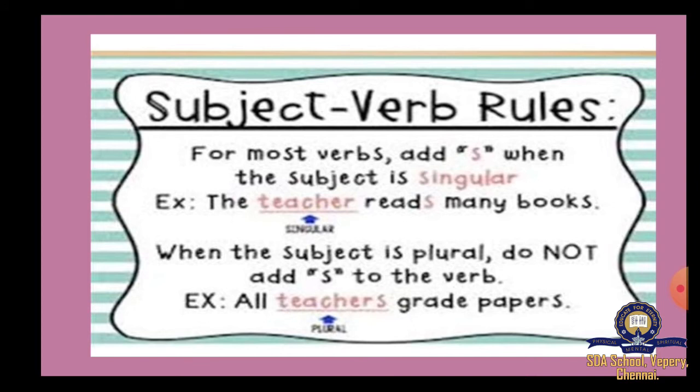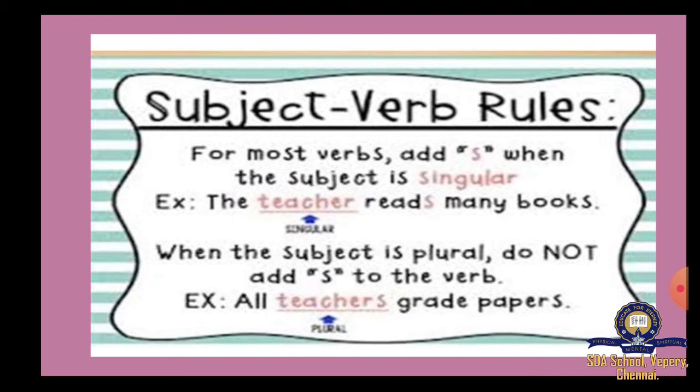That is, we are talking about the action verbs. So when the subject is singular, like we see, the teacher reads many books. So here the action verb adds an S when the subject is singular. While the subject is plural, the subject has an S to it, but the verb doesn't have an S, right?